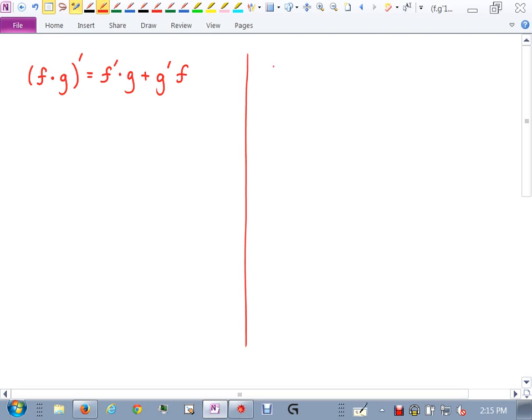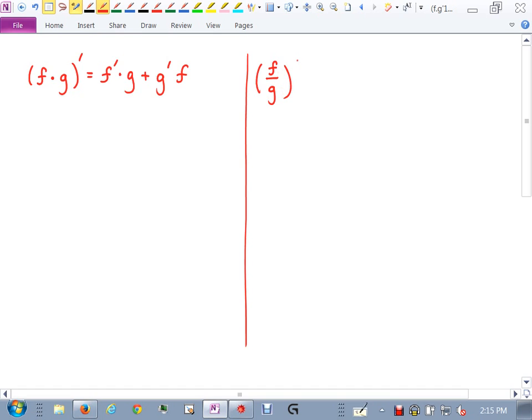So let me first put down on the left side of the page what I told you, okay? I said that if you had u times v, or I should write it this way, f times g, I told you that the derivative of that was what? f prime times g plus g prime times f. All right. Then I'll do the quotient to the side here.